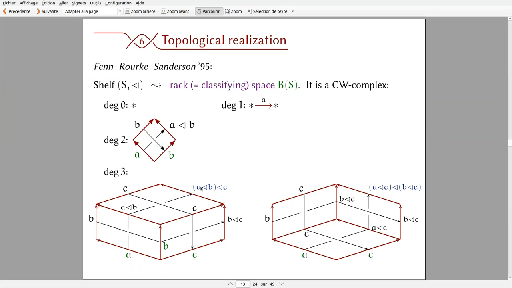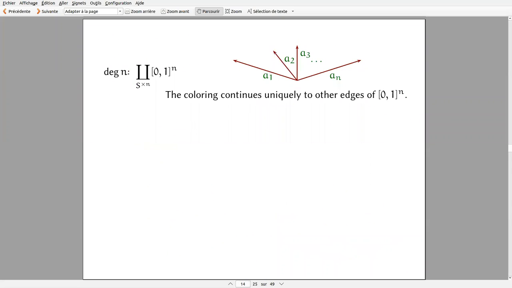And a nice way to think about these cubes is as the dual objects for your Reidemeister 3 move. And this happens more generally. You can take a cube of dimension n, then orient it properly and color n edges of this cube as I showed here.